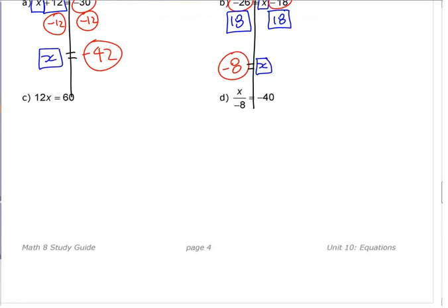What about the third one here? How do you represent this? Do you have to represent it with two separate things on the left side? What is it? One big block that's 12 x's, right? What about the other side? It's one big huge block that's 60.